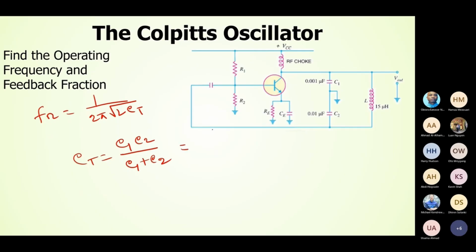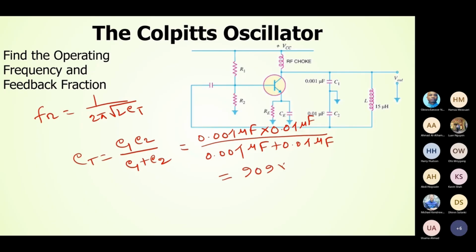What is C1? 0.001 microfarad times 0.01 microfarad. After simplification, we find it as 909 times 10 to the power minus 12 farad.